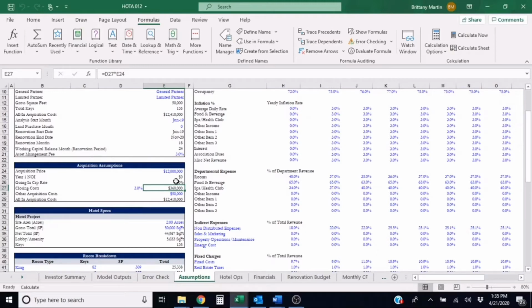If you knew what the closing costs were, you could just overwrite this here, or put them down here and zero this out, and this sums all the acquisition costs together for you.